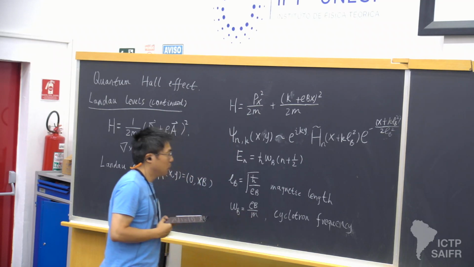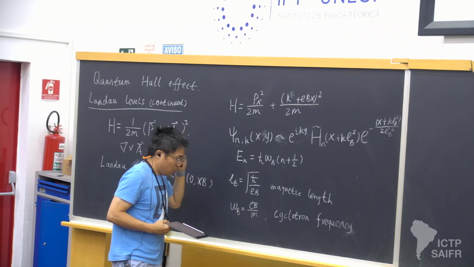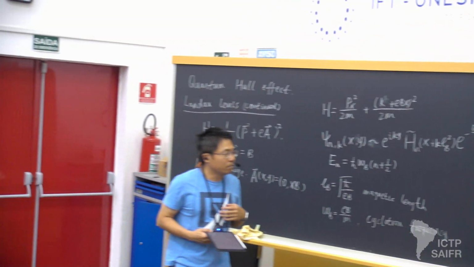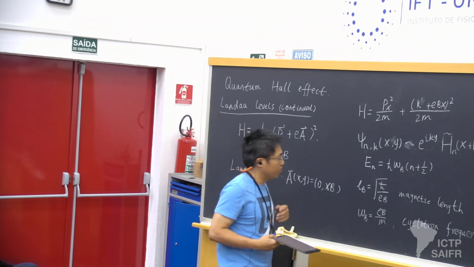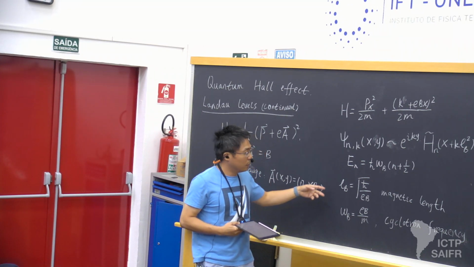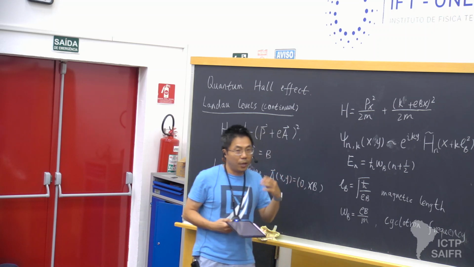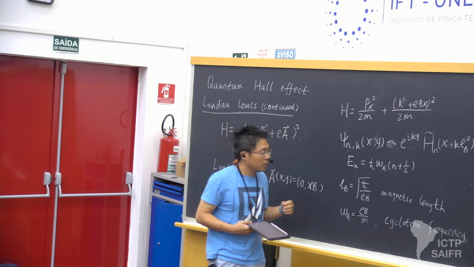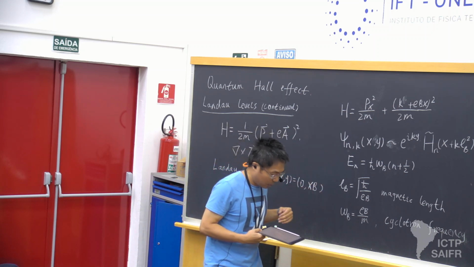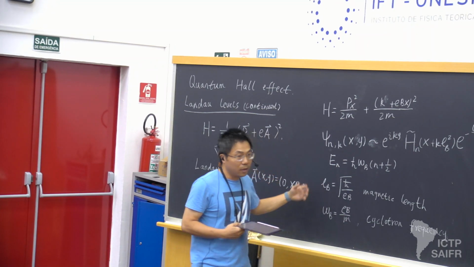So in these lectures, whenever you look at papers or different lectures or talks about quantum Hall effect, you will very often see those quantities appear. They are really the quantities that characterize the scales in the system, right? And in this lecture, you will also see them appear again and again.